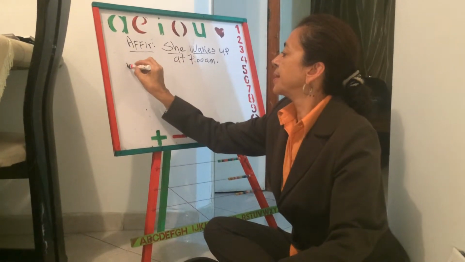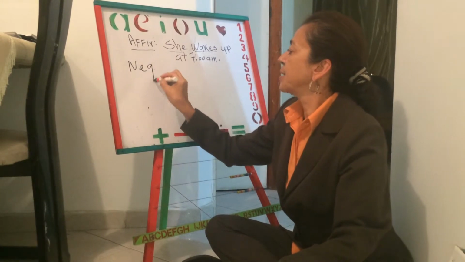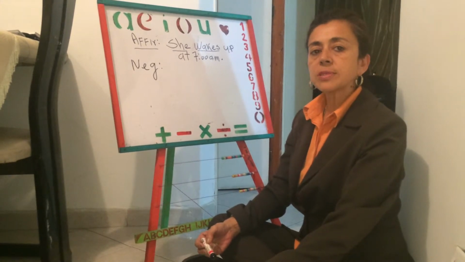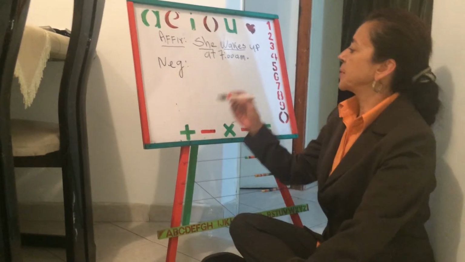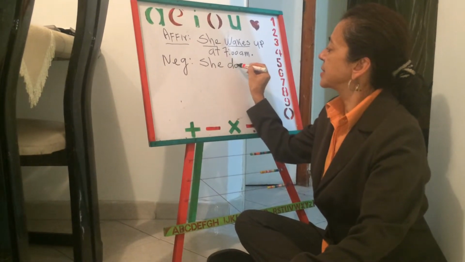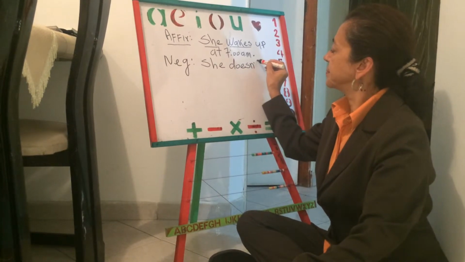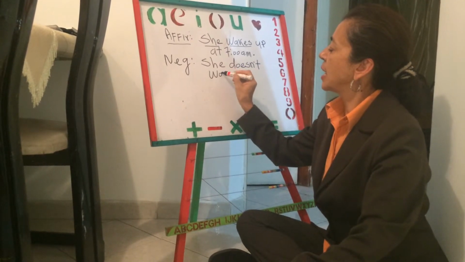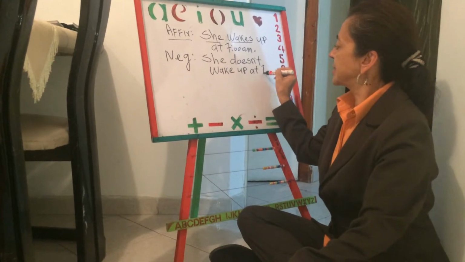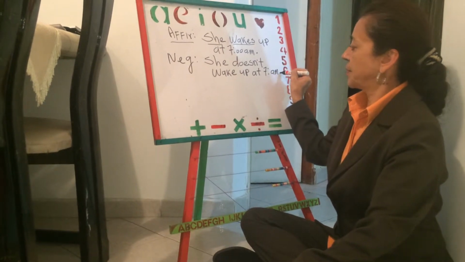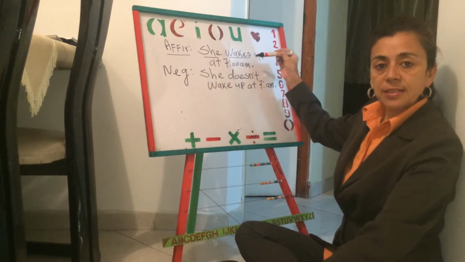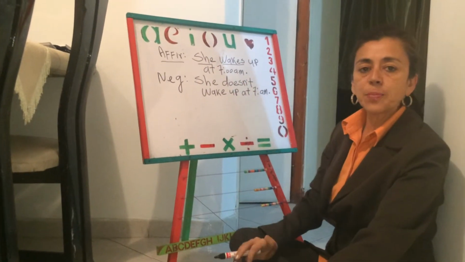Now we have the negative sentence. For the negative sentence, don't forget that we need to use the auxiliary do or does. So we have she doesn't wake up at 7 a.m. If you notice, in the affirmative sentence, we use the S in the verb.